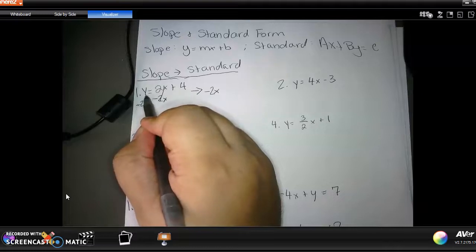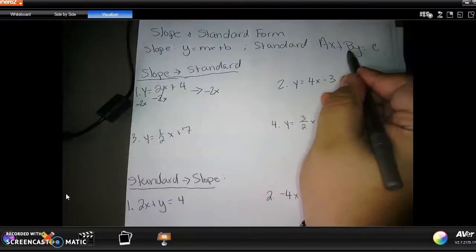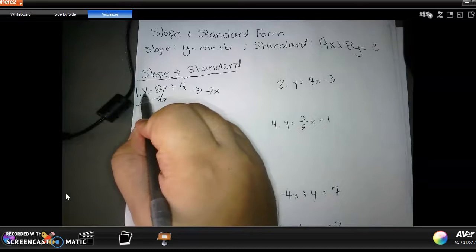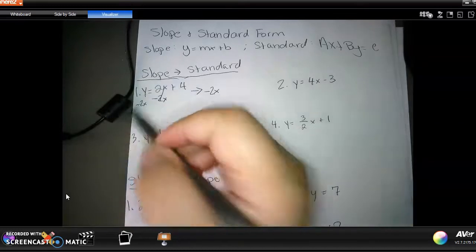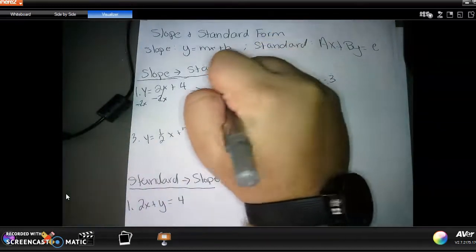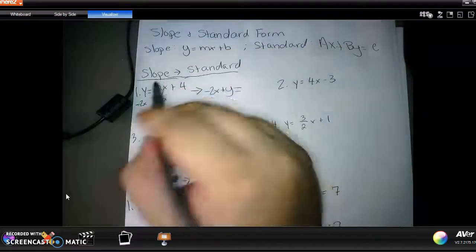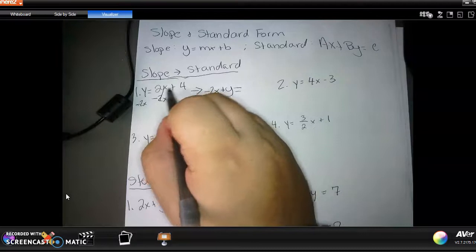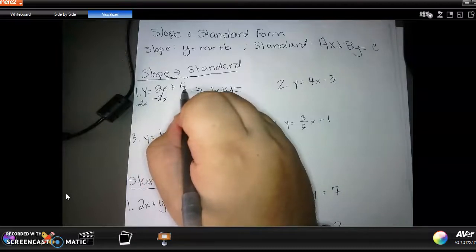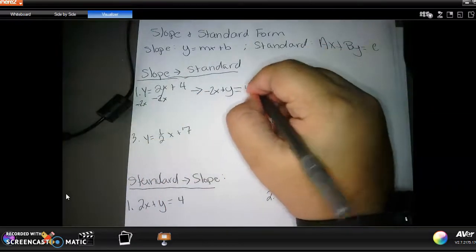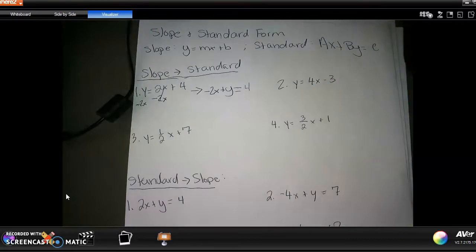Then I have y. Well, that's by, and it comes next. And y is positive because I don't see a negative sign in front of it. So I do plus y, bring over my equal sign. And if you remember, I canceled this, so the only thing left over here is a positive 4, so I just put down 4. Okay?